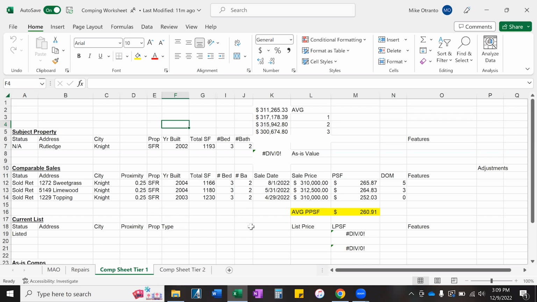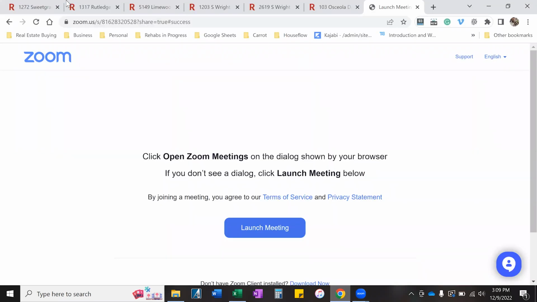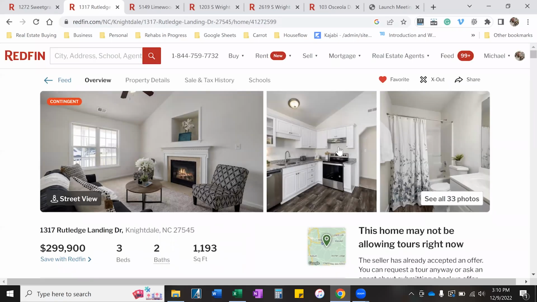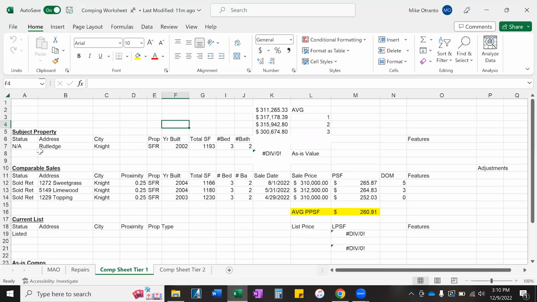So what I'm going to do here is take the example of a house that I just flipped, which is right here. And this is a house that I sold. If you want to come up with an ARV, the first thing you do is figure out what house you're looking to determine the ARV for. That is your subject property.